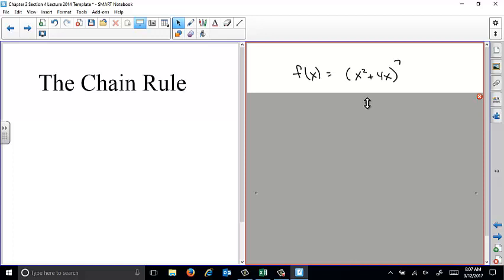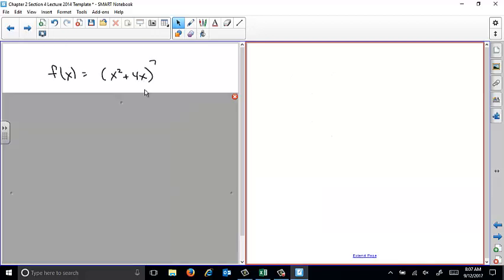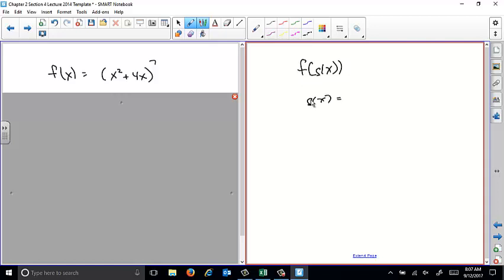Let me just open up another page here. So if you remember, composite functions were f of g of x. And in our particular case, we would say g of x is equal to x squared plus 4x, and f of x would be equal to x to the 7th power.